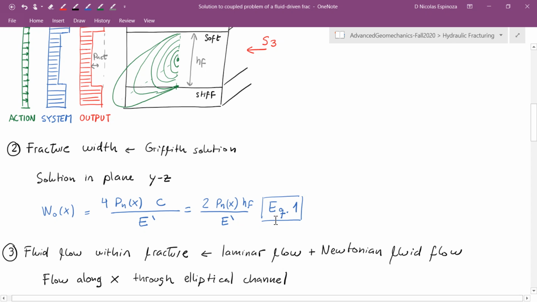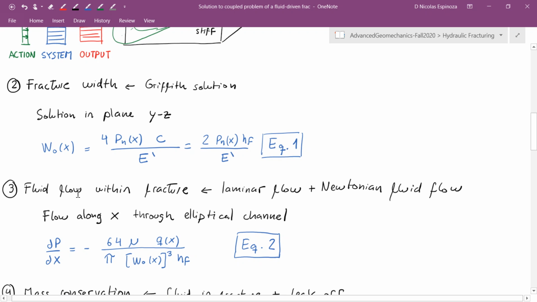All right. Now that we know the fracture width, we can go ahead and solve for the flow within the fracture. For the flow within the fracture, we're going to assume that we are dealing with laminar flow, and that we have a Newtonian fluid, and therefore we can find a solution for that equation.